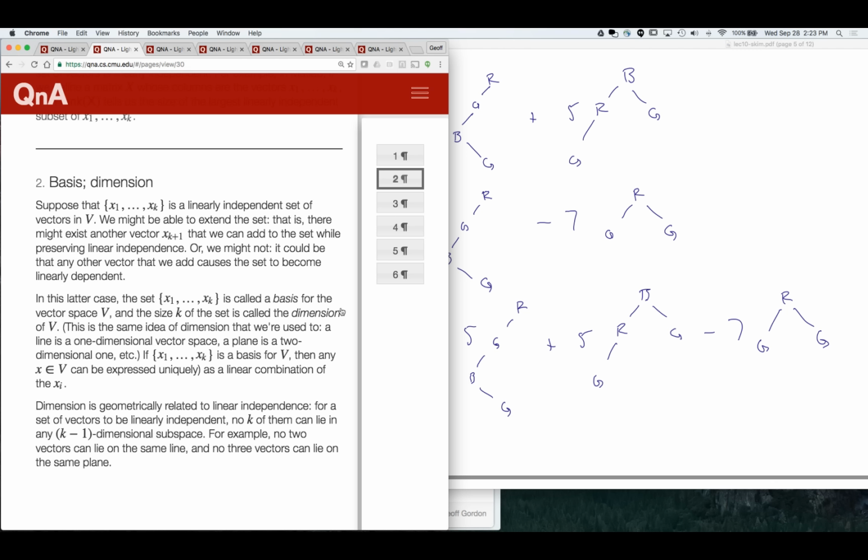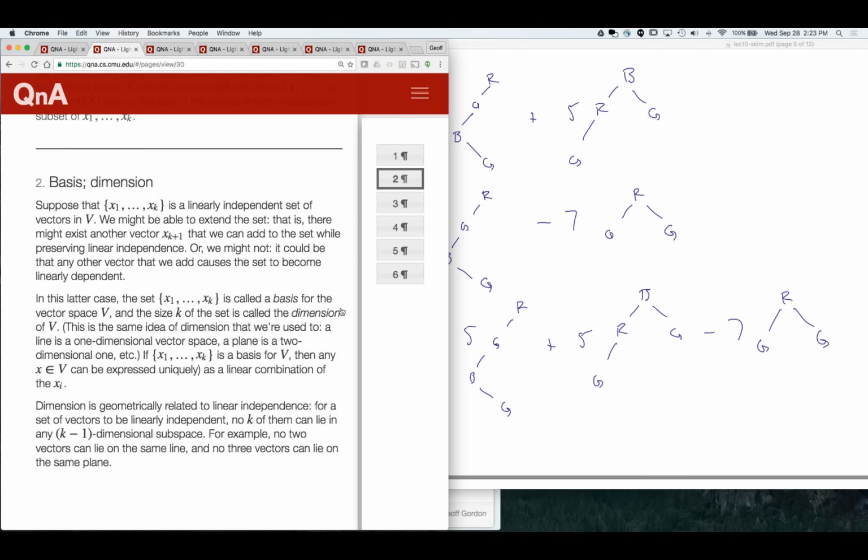And the geometric interpretation of linear independence is that no k of your vectors lie in a k-1 dimensional subspace. So in a plane, no two vectors can lie on the same line. Or in 3-space, no 3 vectors could lie on the same plane, right?